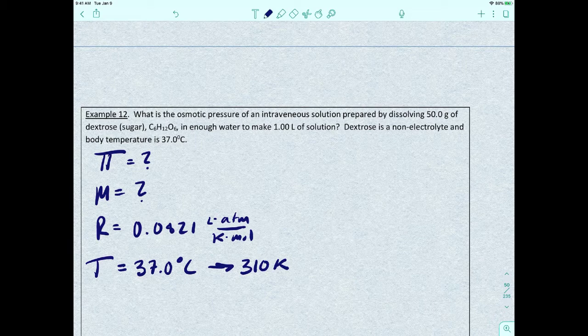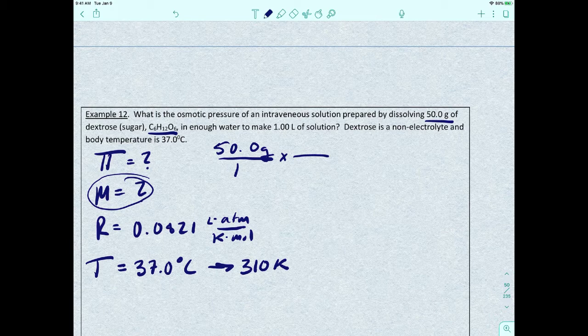All right, so the only thing that we're really missing is the molarity. We do know how much dextrose we're using, 50 grams. So if we convert the grams of dextrose to moles, we find the molecular weight of dextrose, C6H12O6, which should be 180 grams per 1 mole.